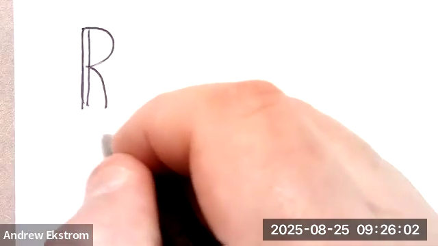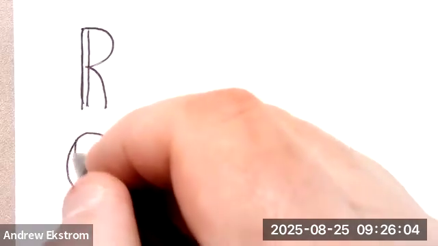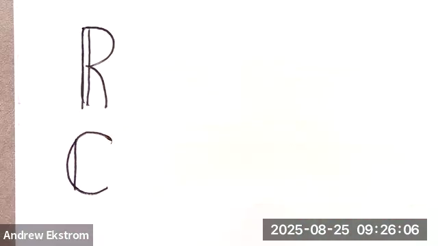So why do we write R with the extra line in there? Anybody want to guess why? You'll see things like R, or you might even see something like C written like that. Why do we have those extra lines in them?